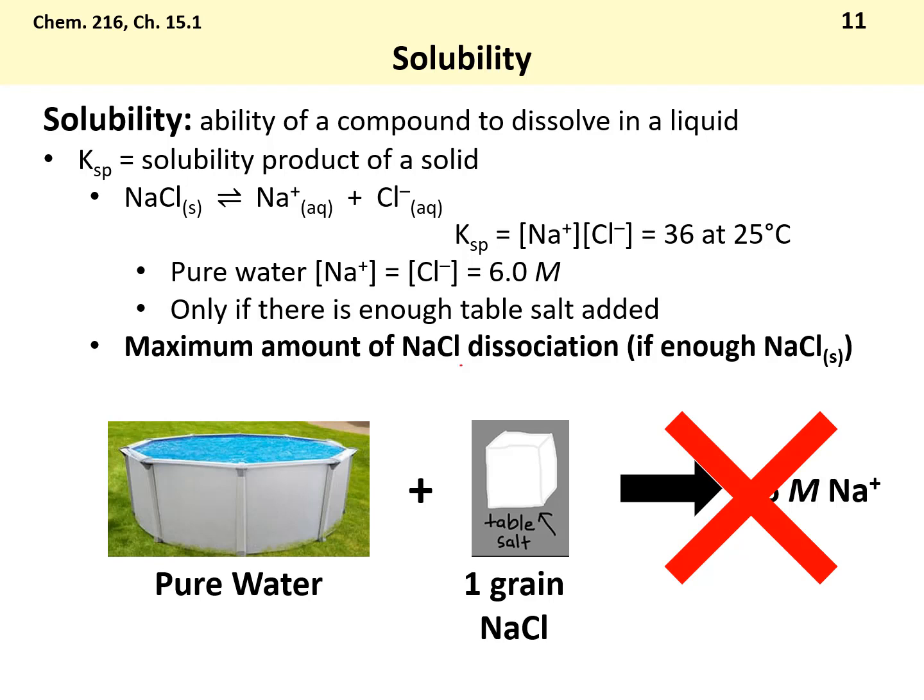If I poured an entire mountain of sodium chloride in there, I will get 6 molar sodium. So this value for Ksp, these equilibrium values, are the maximum amount of sodium chloride that dissociates, if I put in enough.